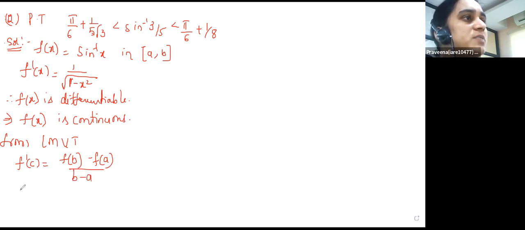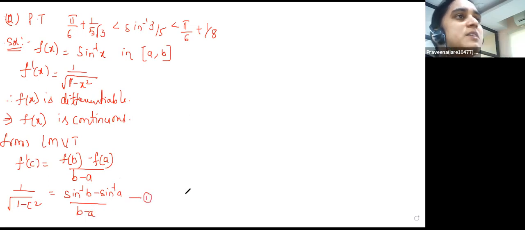Here f dash of c is 1 by root 1 minus c square, which equals sin inverse b minus sin inverse a by b minus a. Let us take this as the first equation.